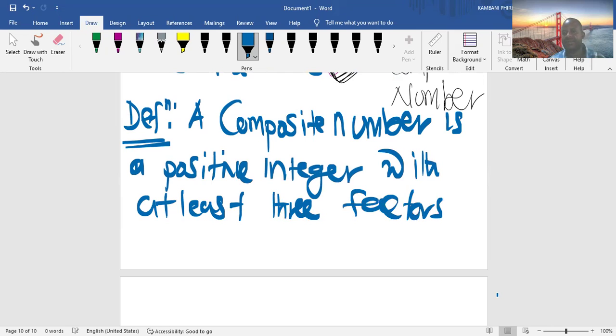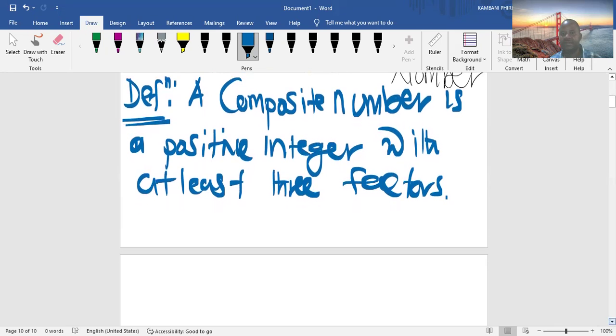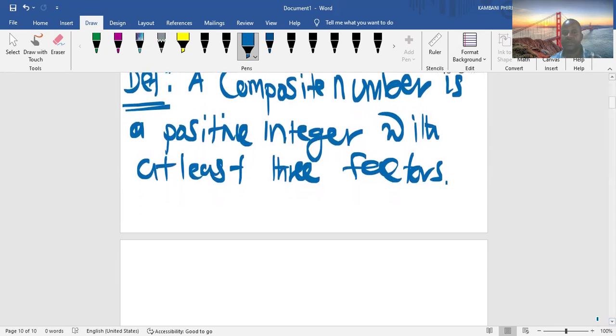If a number has at least 3 factors, that number is composite, provided the number is a positive integer.